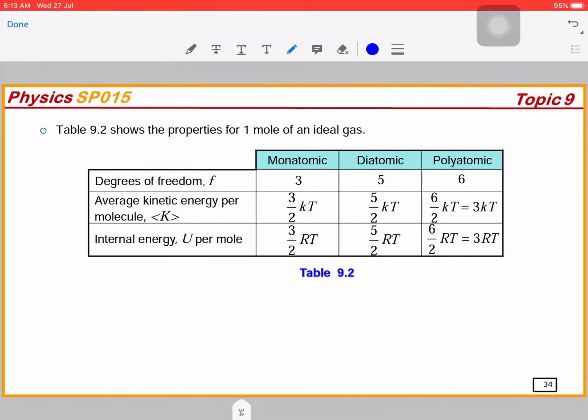And then internal energy U per mole is equal to 3 over 2 RT for monoatomic, 5 over 2 RT for diatomic, and 6 over 2 RT or 3RT for polyatomic. Okay, you can memorize these equations.